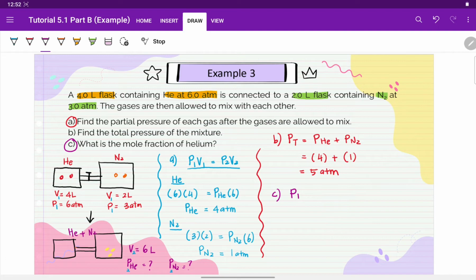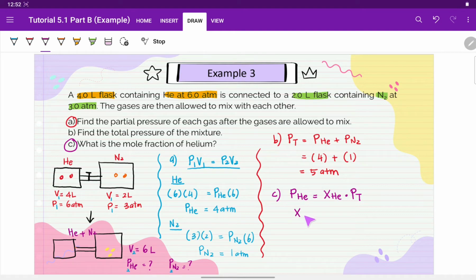Okay, since kita nak helium, so partial pressure of helium equals to mole fraction of helium times the total pressure. Ada ke tak maklumat dekat sini? Check. Do we have partial pressure of helium? Ada. Do we have the total pressure? Ada. So, boleh tak kita cari mole fraction of helium? Boleh. Nak buat apa? Substitute. Okay.